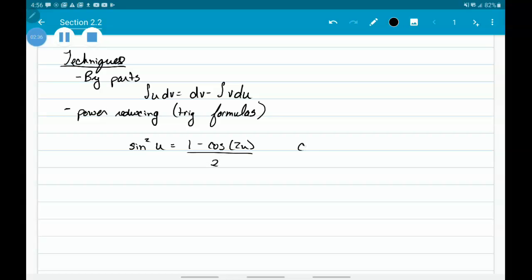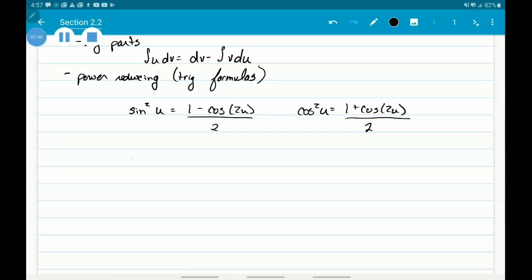We have one for cosine squared, which is equal to 1 plus cosine of 2u over 2. And then we had one for tangent squared, and that was 1 minus cosine of 2u over 1 plus cosine of 2u. It's really just taking this one and dividing by that one.